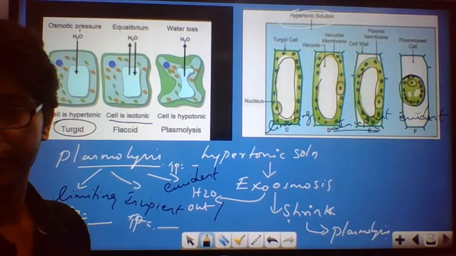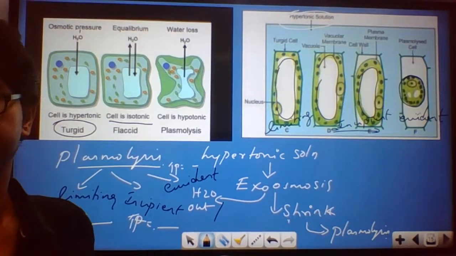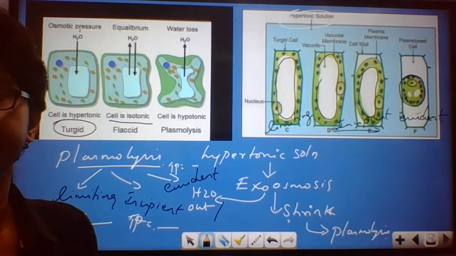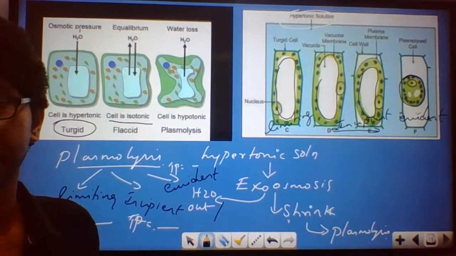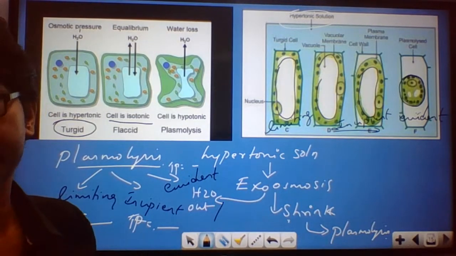This is a process that you can see in human beings also.